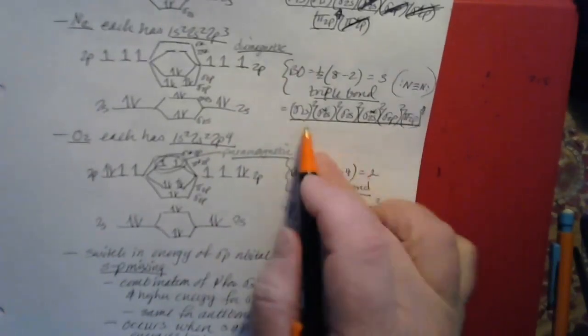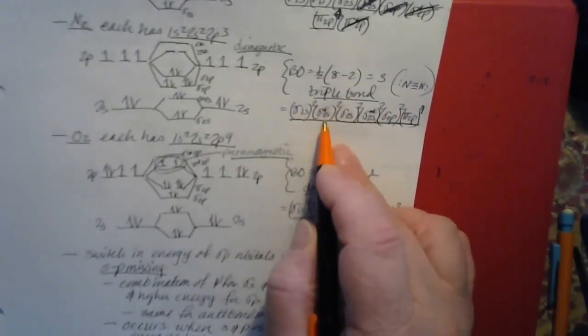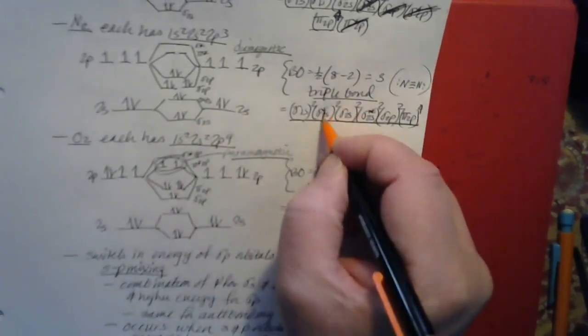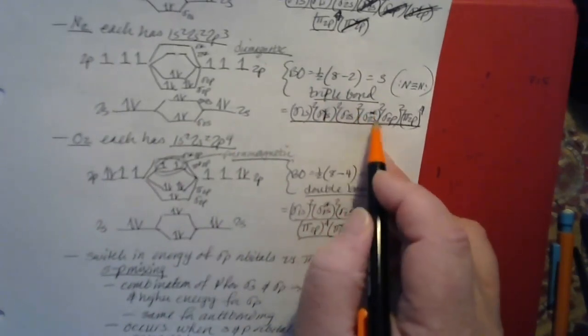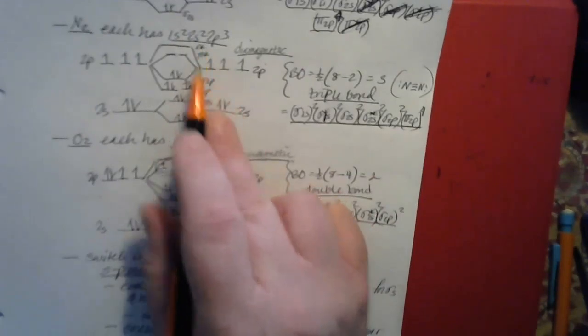The molecular electron configuration would be sigma 1s2, sigma star 1s2, sigma 2s2, sigma star 2s2. Wait a minute.